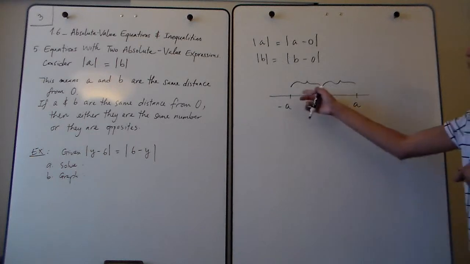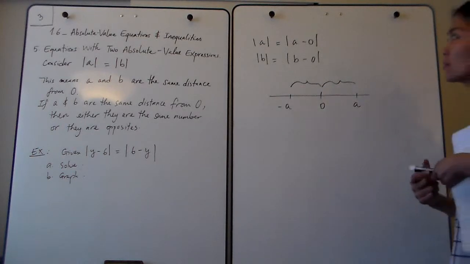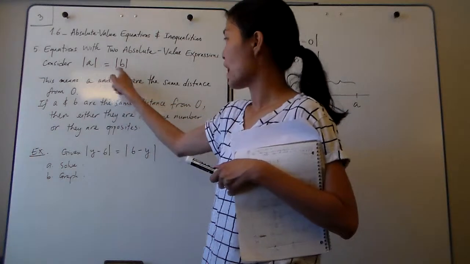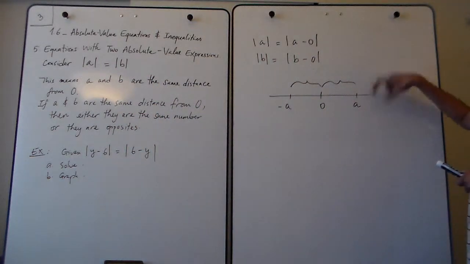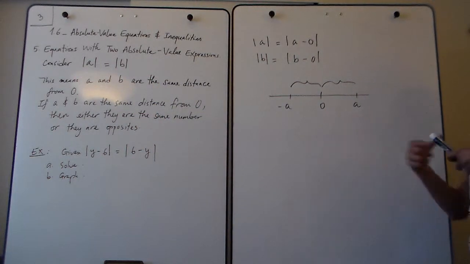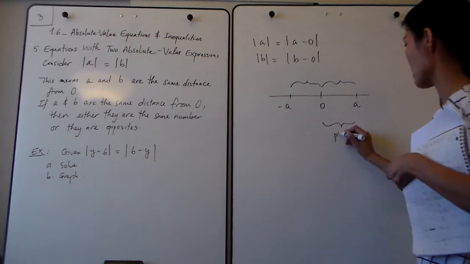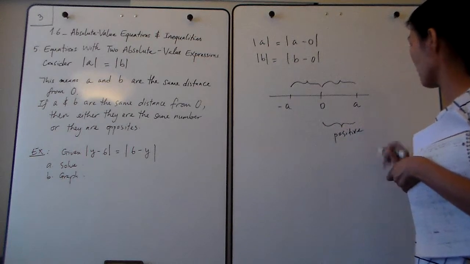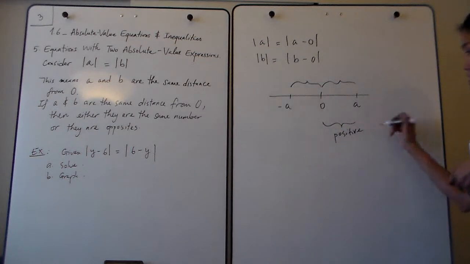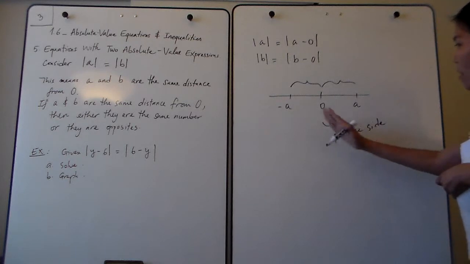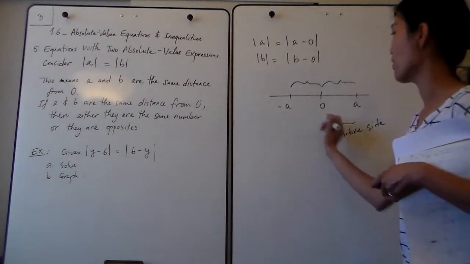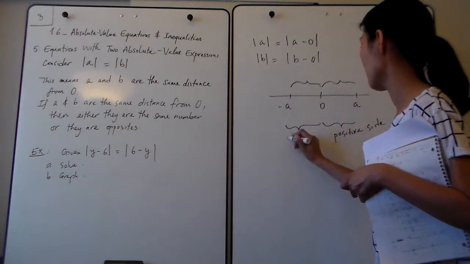They're the same distance away. So it means either they are the same, meaning they are both on the positive side, or they're both on the negative side.